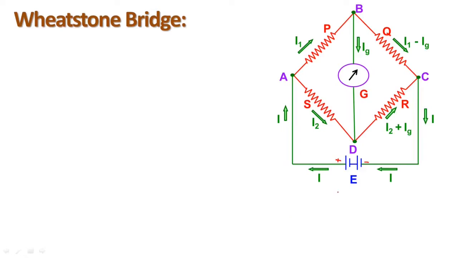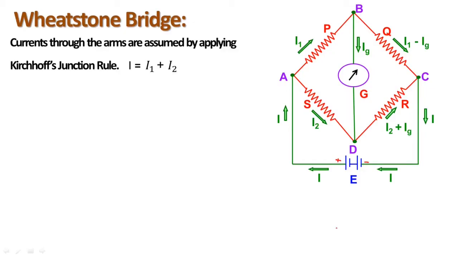From the junction point C, the current I returns back to source E. By applying Kirchhoff's junction rule, the distribution of the current I is equal to I1 plus I2. The currents in the arms are assumed by applying the first law.